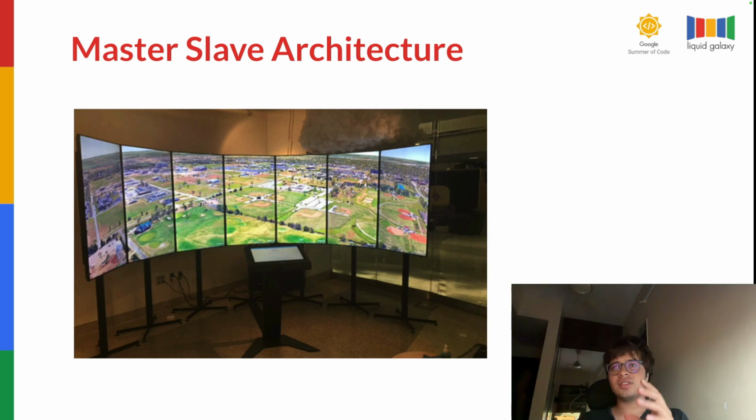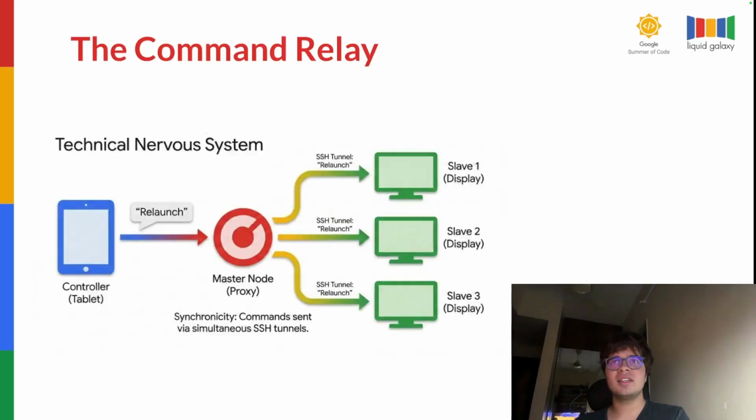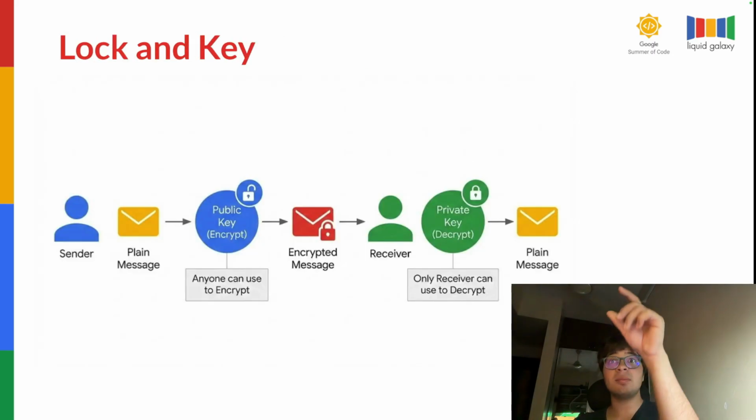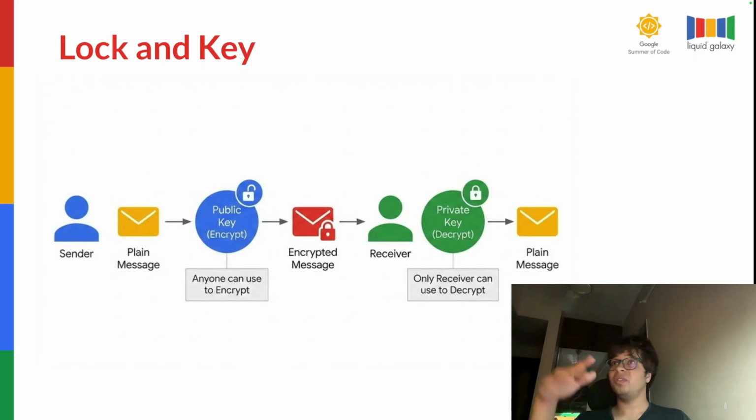Instead of just shouting that command over the network where everyone could hear, the master uses a public key, because you want all those screens to be restarted as well. Hence, you would have a public key that lets all the screens know, hey, we need a relaunch.